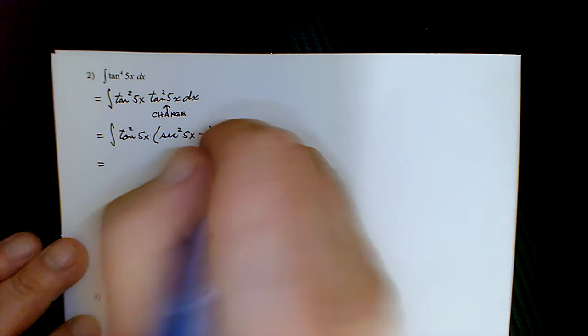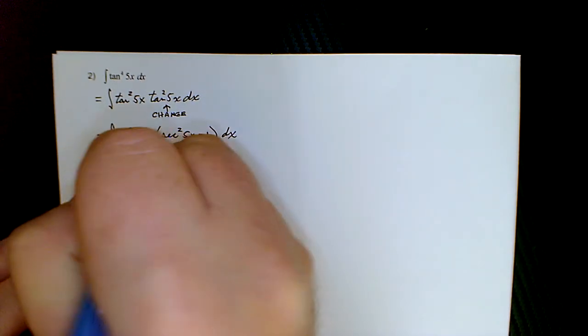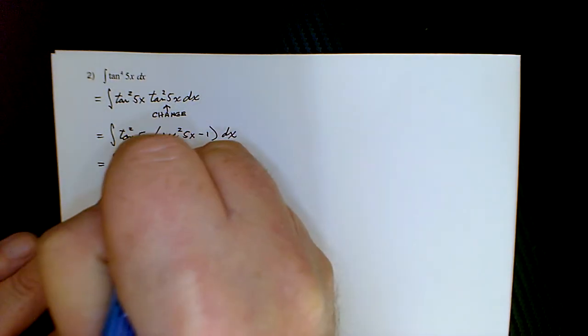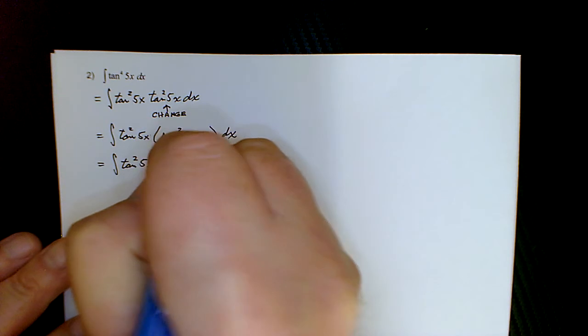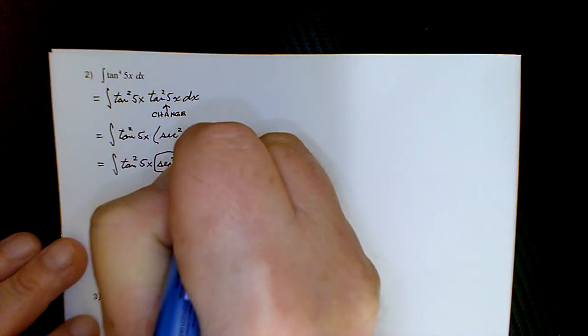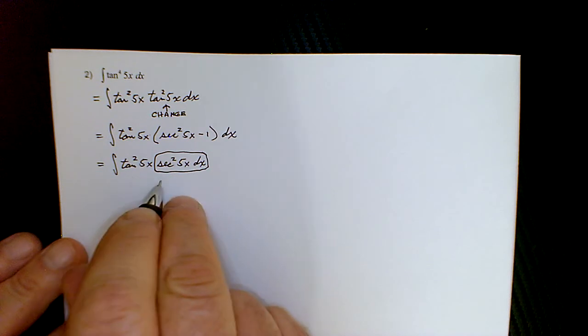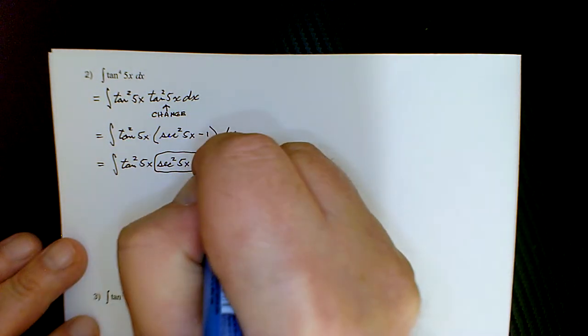Okay, then we'll distribute, separate it into 2 integrals, get the integral of tangent squared of 5x, and then secant squared of 5x dx. And notice once again, we'll box that off because that's the derivative of tangent. So it's a nice simple u substitution just like the last one.